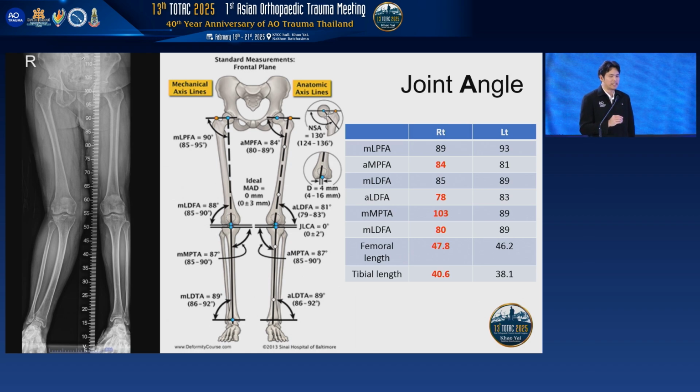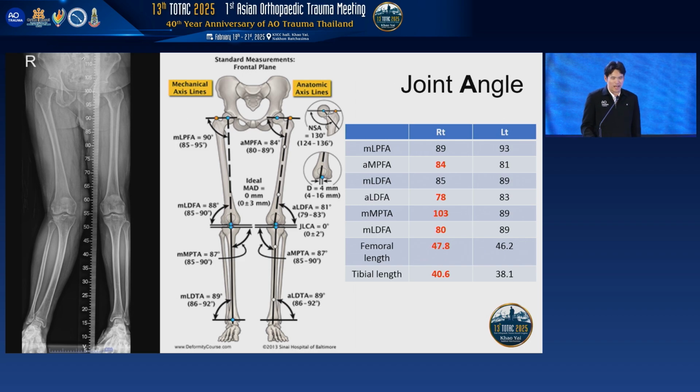The anatomical axis is not easy to measure because there is a gradual bow on the femur and tibia. But we can see that we have deformity on both tibia and femur, and the severity is more on the tibia. Because of the hemihypertrophy, the right side is longer, both tibia and femur.